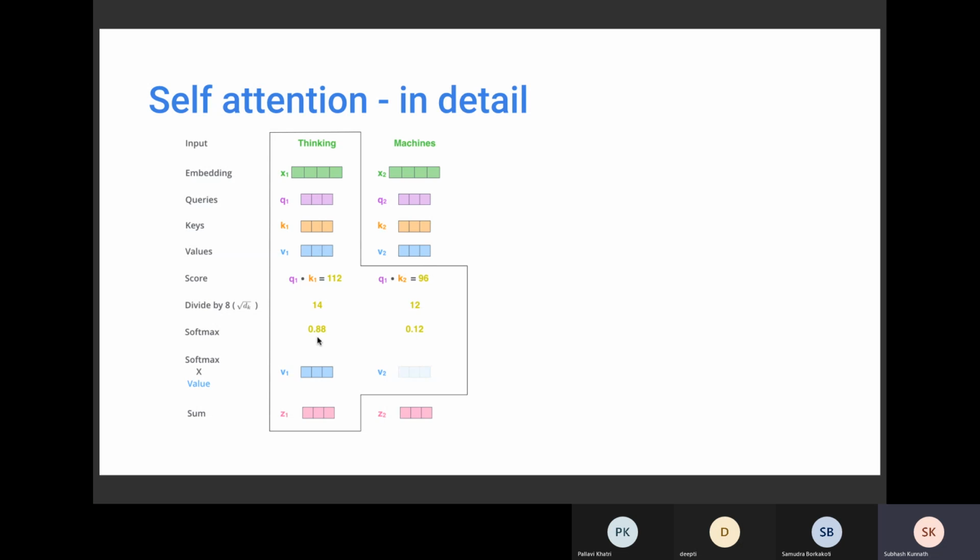It says you need to pay more attention to the "thinking" while doing the thinking encoding, and very little attention to the "machines." So then you get this z1, which is your final output to the feed forward network.